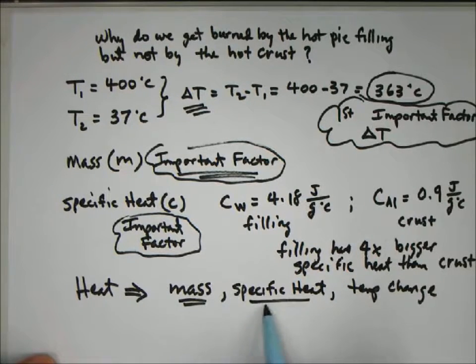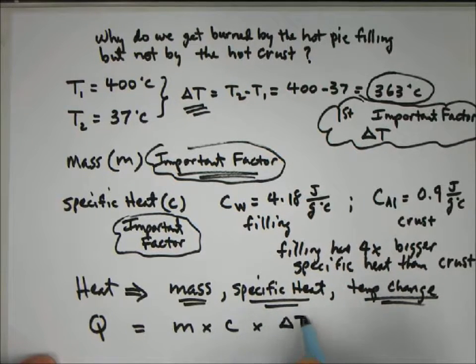And there's actually a formula. You remember the symbol for heat, loss or gain, is Q. So we can set Q, heat, equal to, and it turns out that it's just a relationship by multiplying these together. Mass times specific heat times temperature change. And that gives a famous equation.